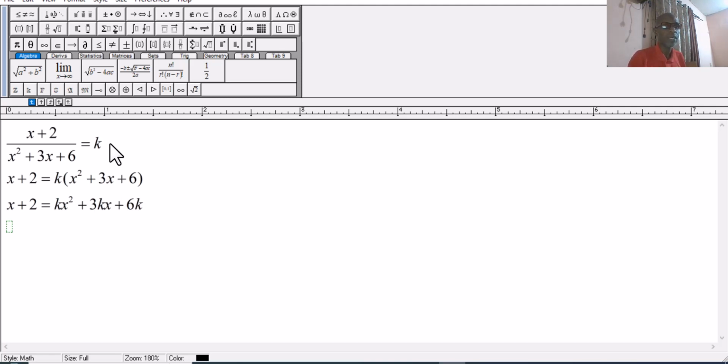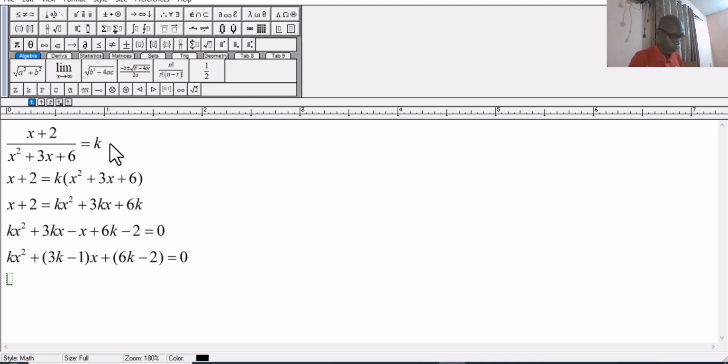We can rearrange this and put them in order: kx² + 3kx − x + 6k − 2 = 0. So let's factorize: kx² + (3k − 1)x + (6k − 2) = 0.